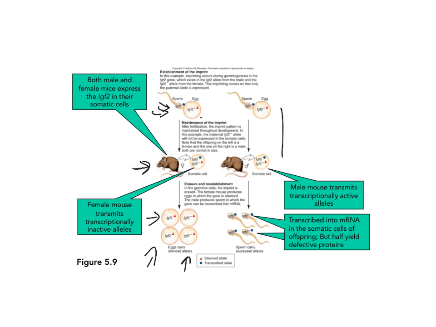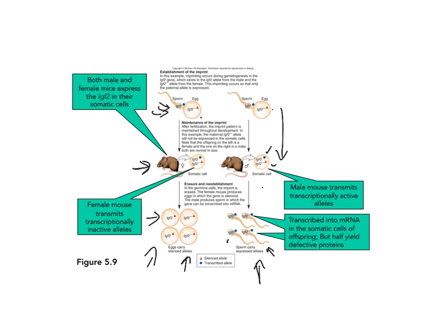Here, it's the same idea. In the males, the somatic cells are going to have the IGF2 functioning. The non-functional one is actually silenced because it was inherited from the mother. And then in the offspring of these mice that are heterozygous for the mutant and the non-mutant allele, they're going to have half of their sperm that have the functioning IGF2 and half that have the non-functioning IGF2.